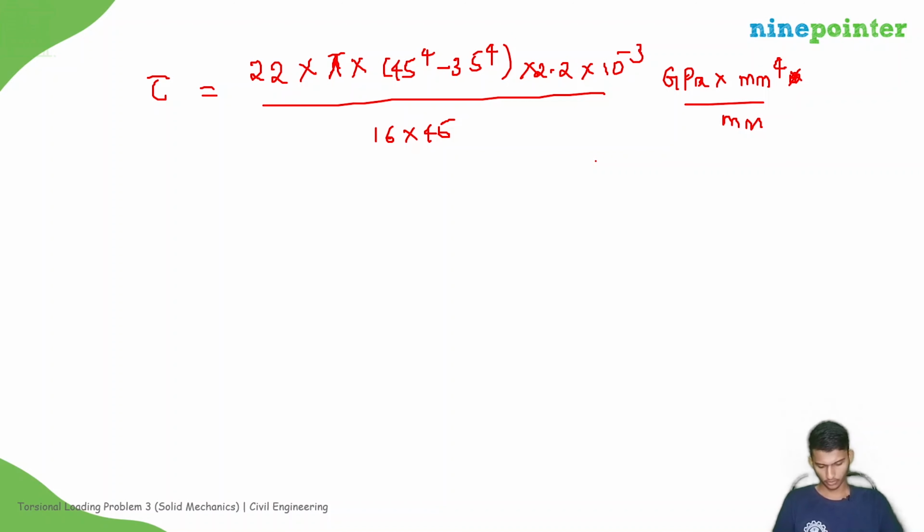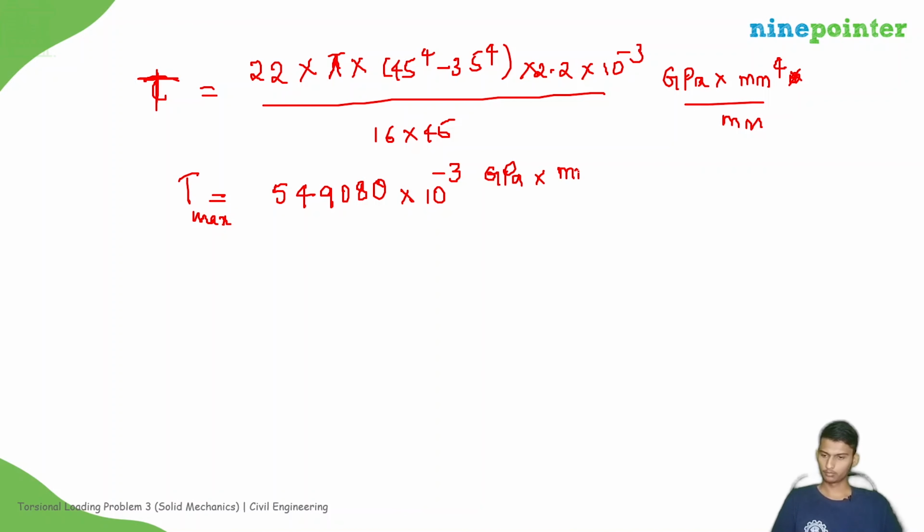22 into pi into 45 power 4 minus 35 power 4 into 2.2 divided by 16 divided by 45. So we are getting, sorry, this is T, right? T max will be 549,080 into 10 power minus 3 gigapascals into mm cube.